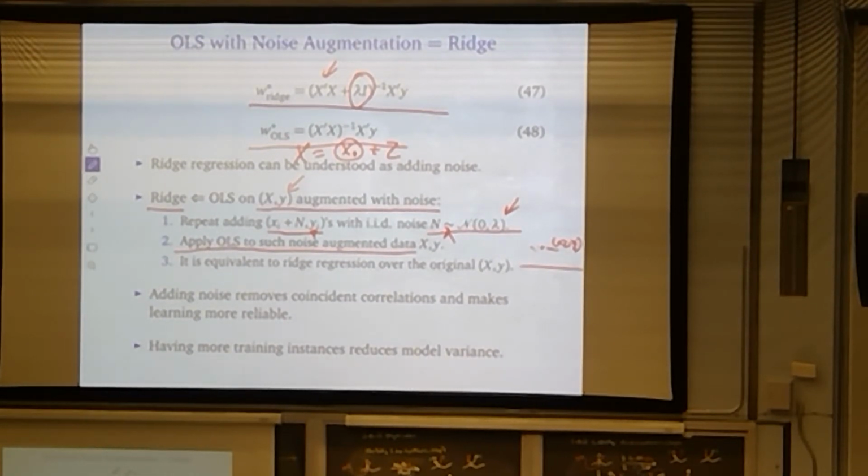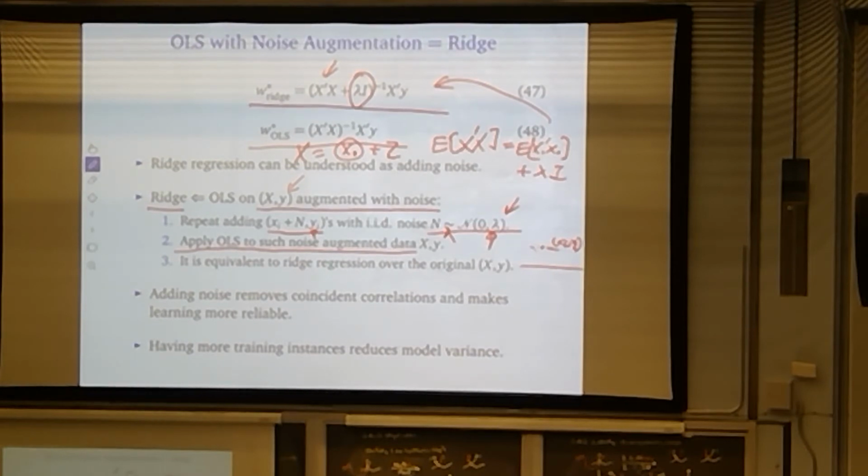Because z has this lambda, in the end my X transpose X equals X0 transpose X0 plus lambda I. That's exactly ridge regression over the original data.